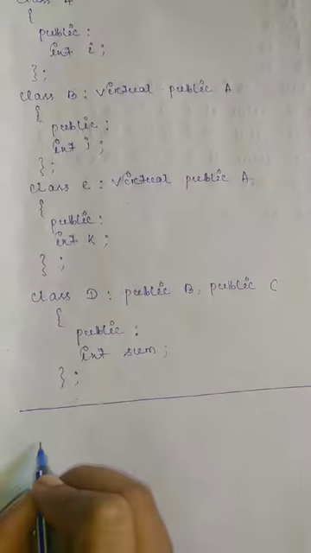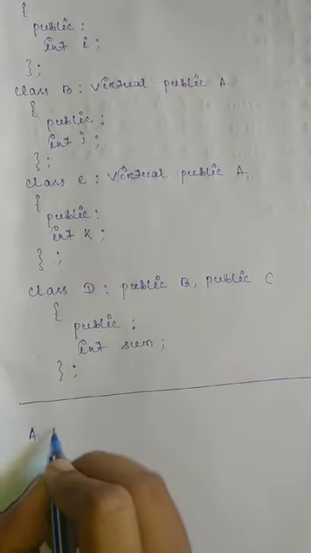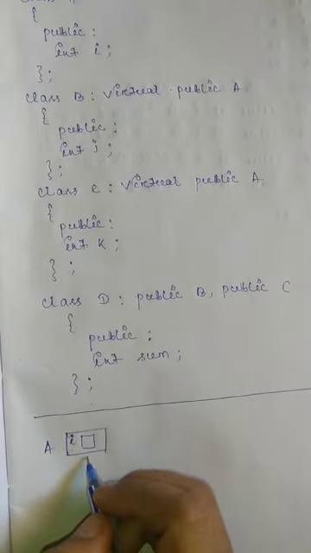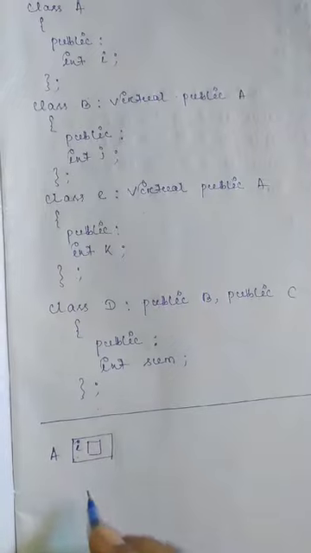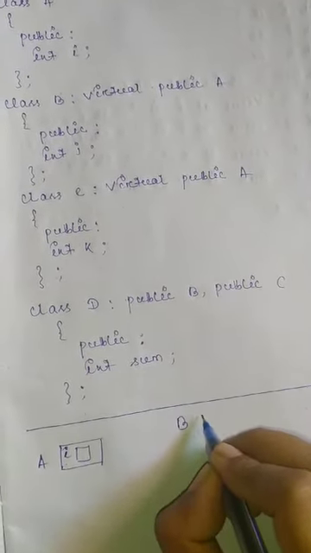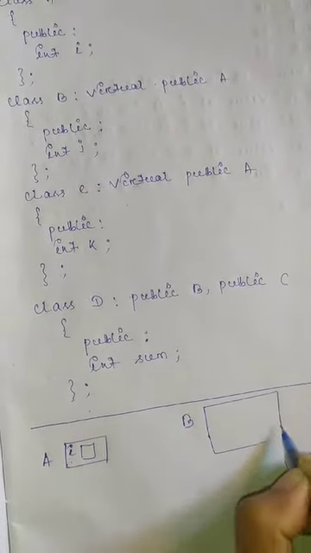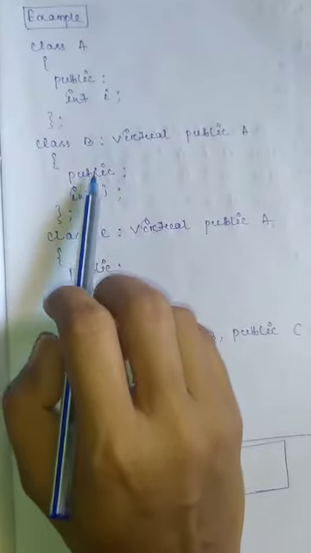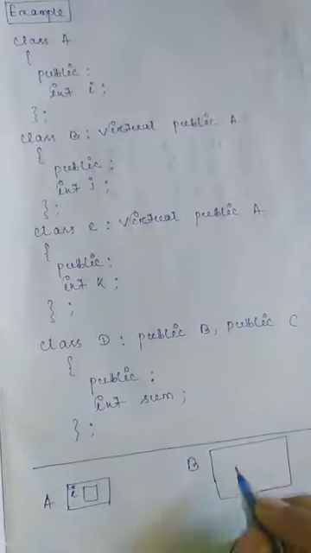In the previous example which I have drawn, let me explain: for class A there is space for I. And for class B we have space for J, and also for I. As it is declared public, B can use it if you create the object.